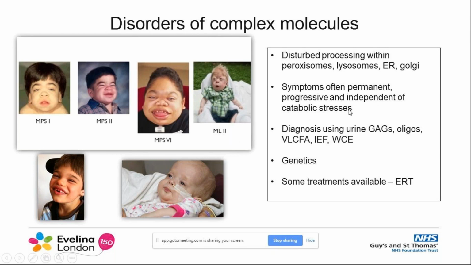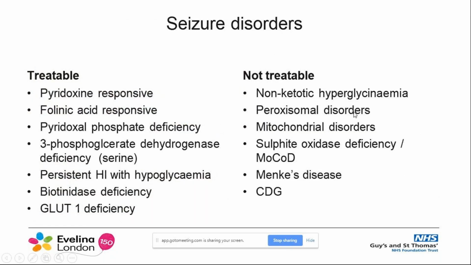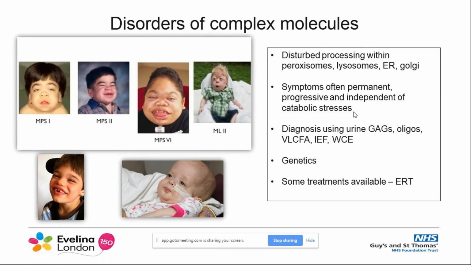And these children tend not to have episodes of metabolic decompensation as such, because these aren't pathways that cause deficiencies or defects in intermediary metabolism, and hence not metabolic decompensations.